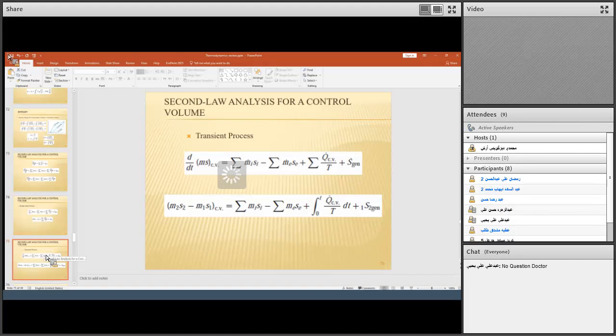We also study the transient process. A transient process is a process in which variation with time occurs in the system.